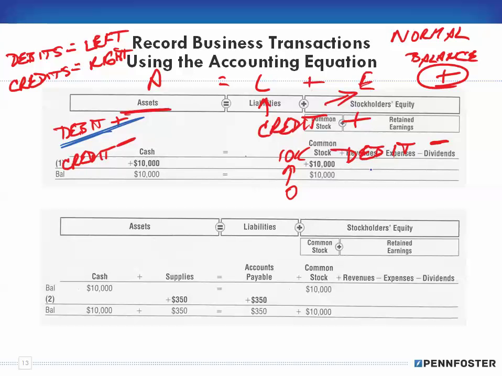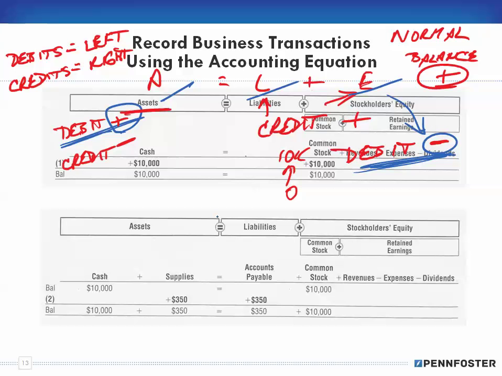But yet when I look at liabilities and equity, my debits decrease. Notice that I have a plus over here and I have a minus over here, right? The sign doesn't matter. We increase on the debit side depending upon the category of account. If we're talking about assets, then we would increase the asset on the debit side. But if we're talking about liabilities or equity, and we're talking about a debit, then we're talking about decreasing.